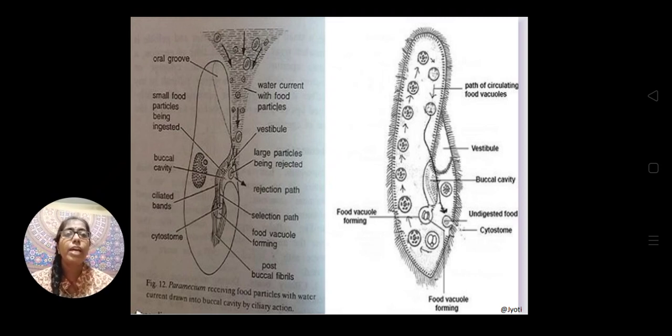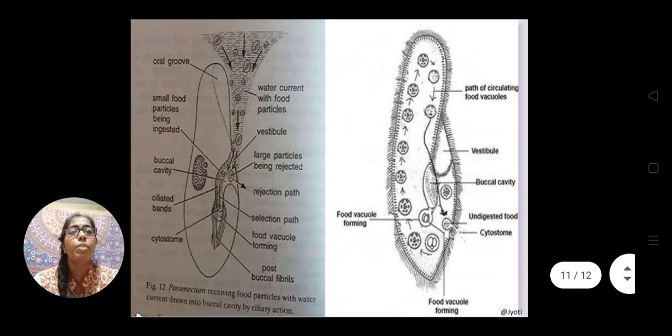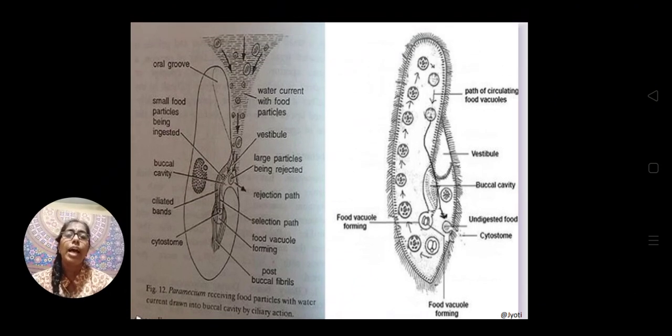And here we have discussed the heterotrophic mode of nutrition in amoeba and paramecium. In both cases the mode of nutrition is the same, the only difference is in the capturing of food.